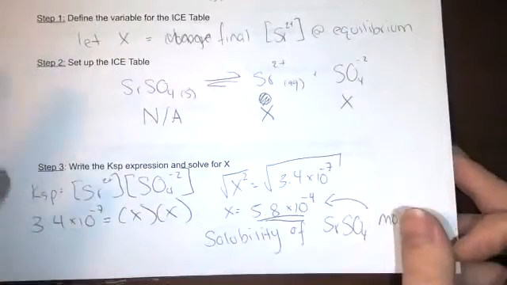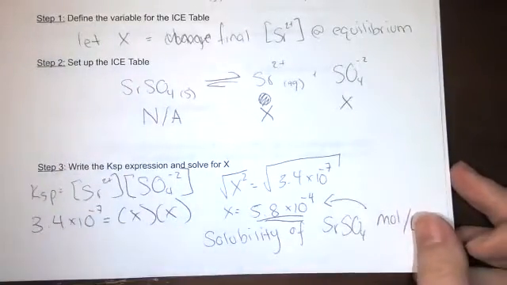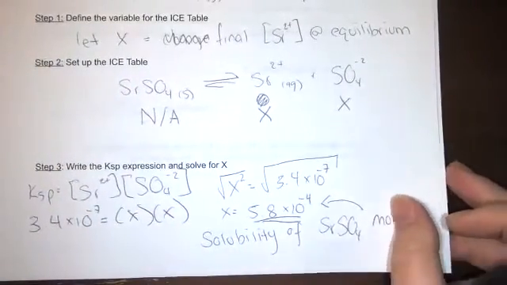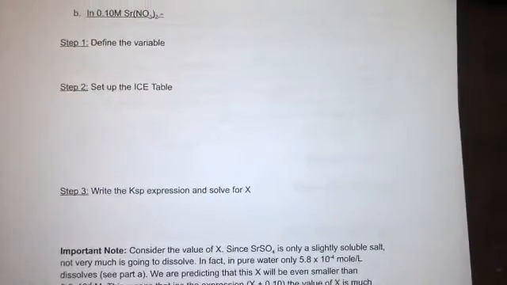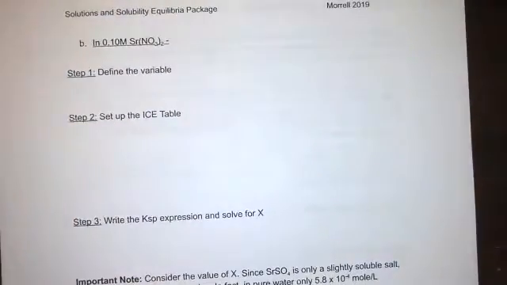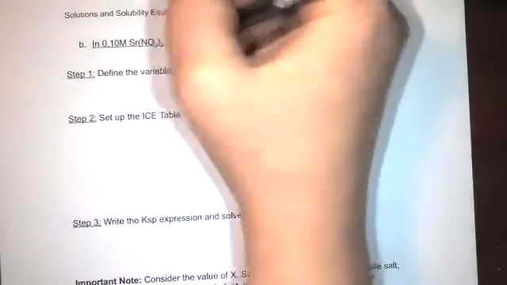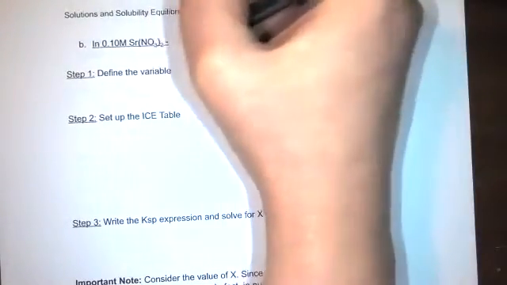So far this question has been the same question that we've been doing all throughout these units. Well, let's look at another one. So now what's going to happen when our strontium sulfate has been added to the strontium nitrate? I'm just going to write that down.